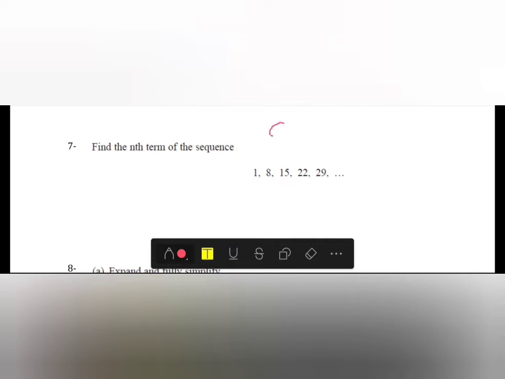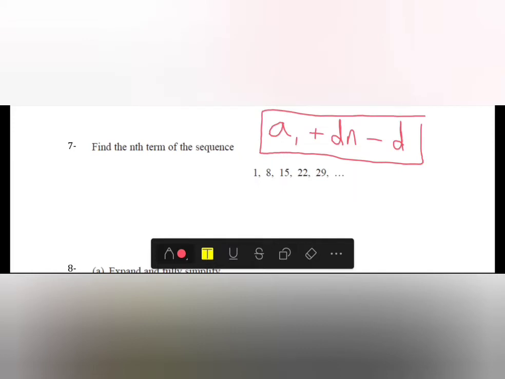The formula says what? A1 plus dn minus d. Now, this formula here is used to find the nth term of arithmetic sequences. Now, first thing we do, we find A1. What's A1? Very good.